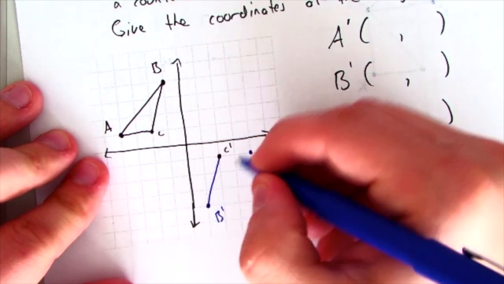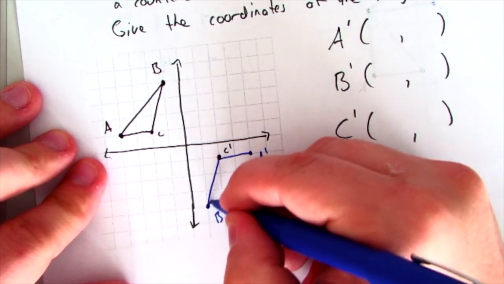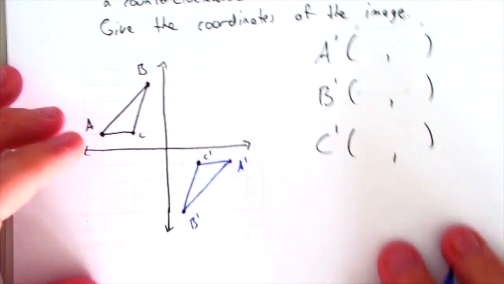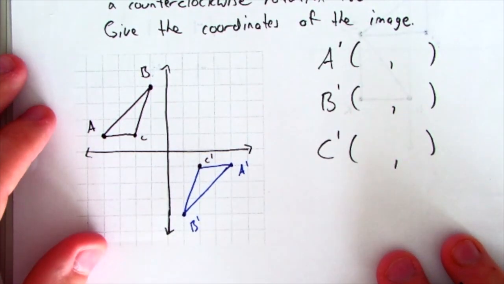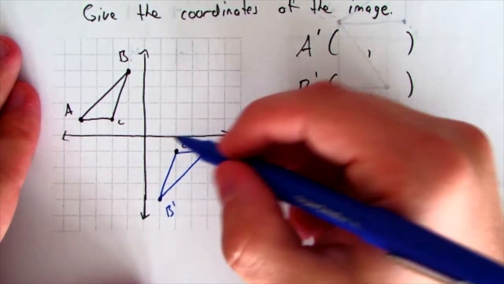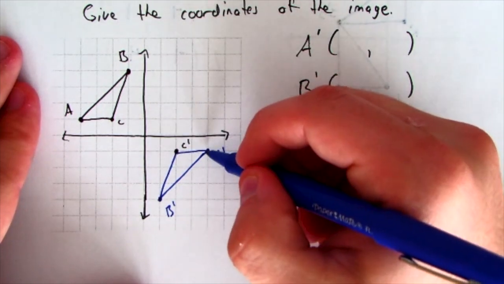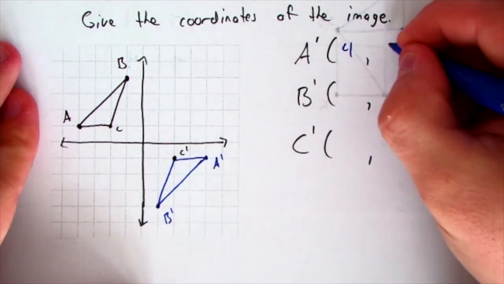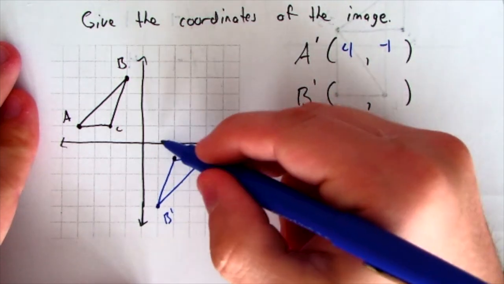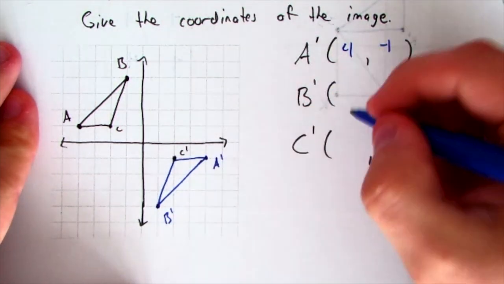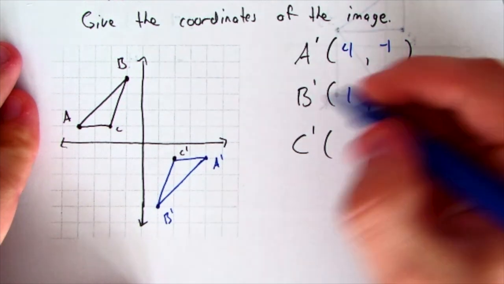Connect those dots with my line so I can make a triangle, and there is my rotated image. Now A prime is at (4, -1). B prime is at (1, -4). And C prime is at (2, -1).